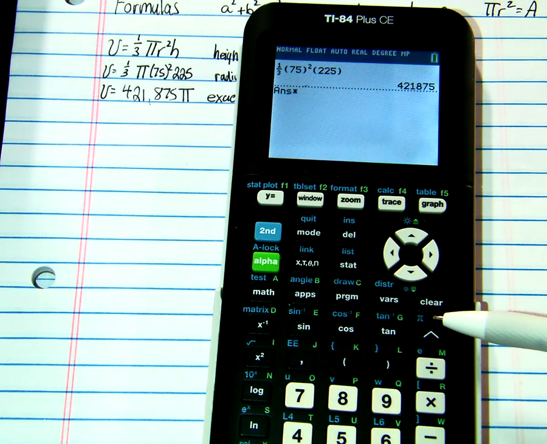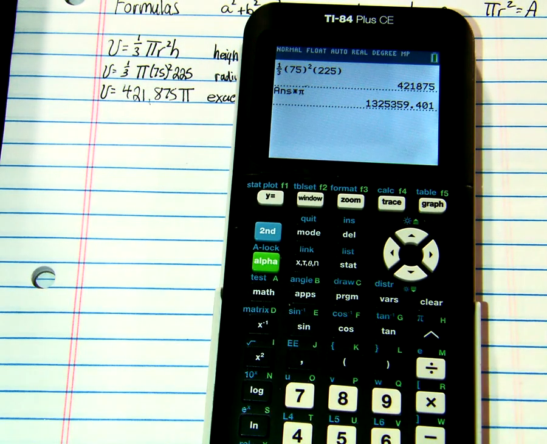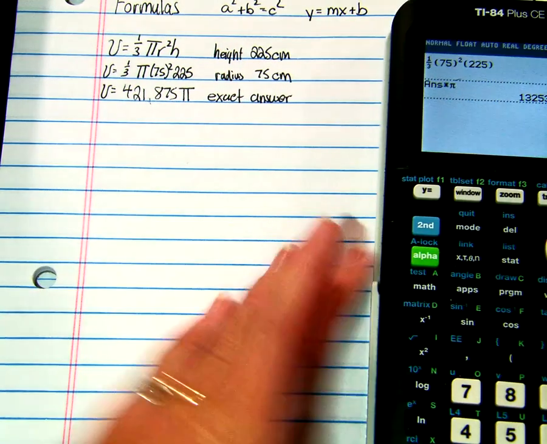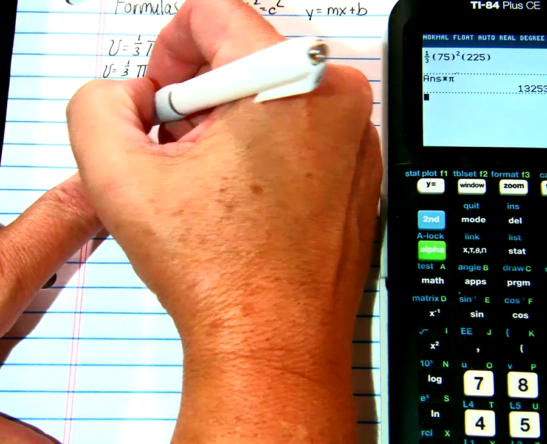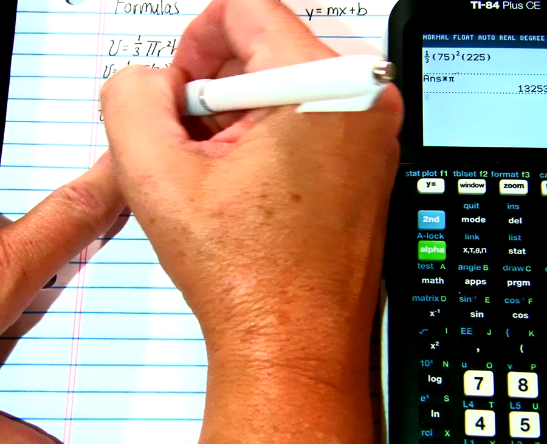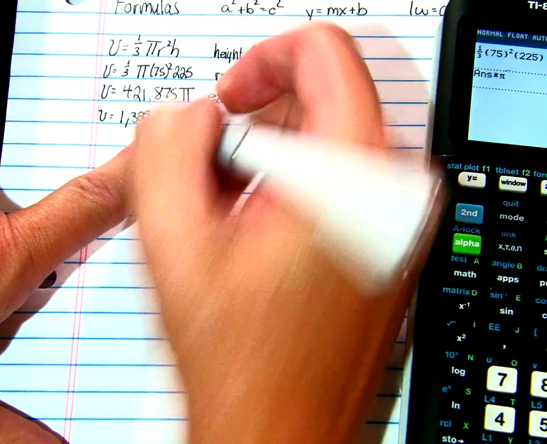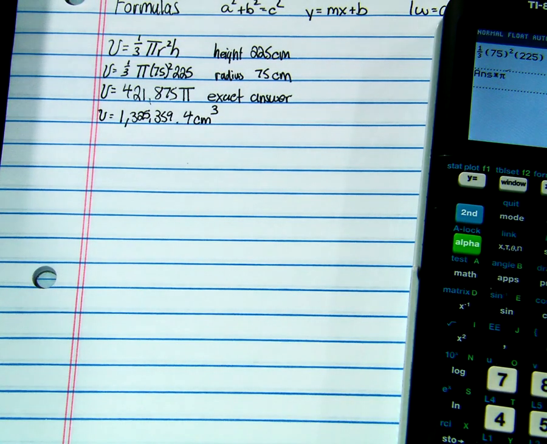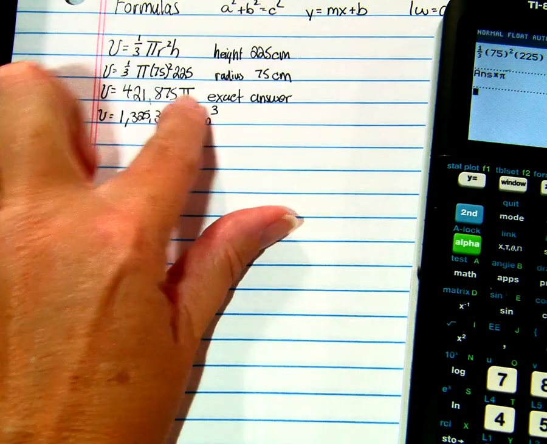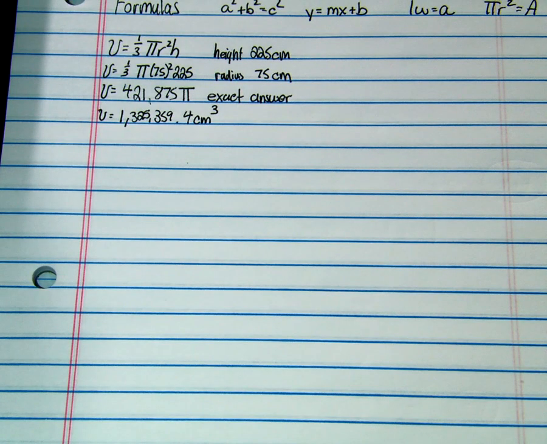Much better than using the approximation of 3.14, I'm going to push times pi and get my most precise, estimated answer. 1,325,359.4 centimeters cubed. All right, if your answer needs to come in centimeters and you don't want to leave it in terms of pi, this is it; but if you're going on to calculate something further, you would leave it as pi.